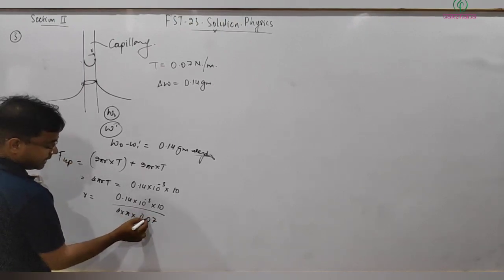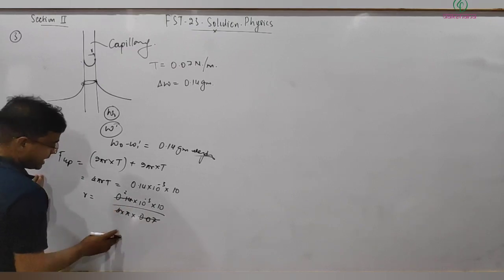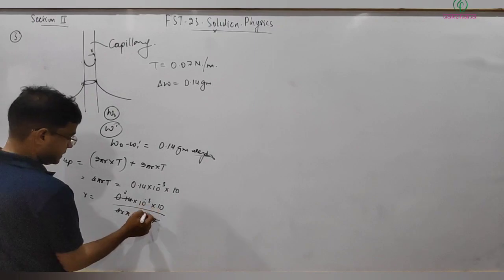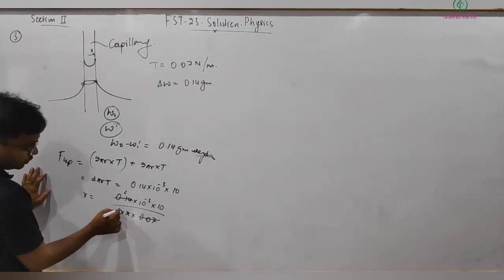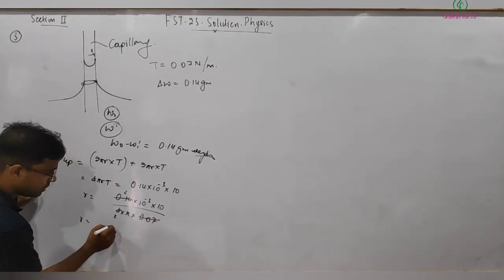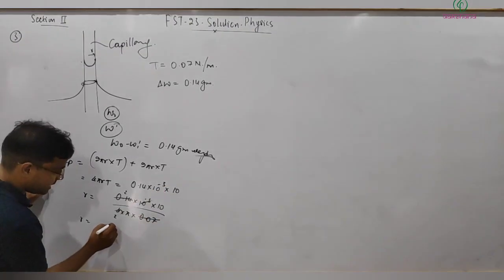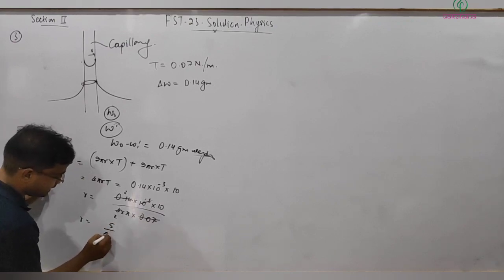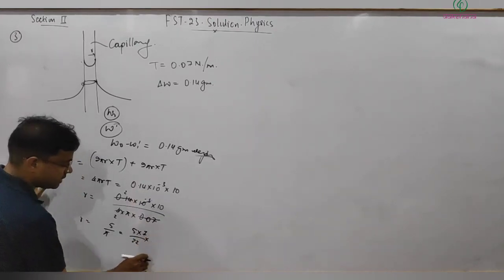T is 0.07. Simplifying it, this is 2, this is 2, so 1 upon 2 pi, and r is equal to, if it will be in meters, then converting to mm, this is 10 divided by 2 pi, so I can write 5 over pi, and 5 into 7 divided by 22 into 10, that's in mm.